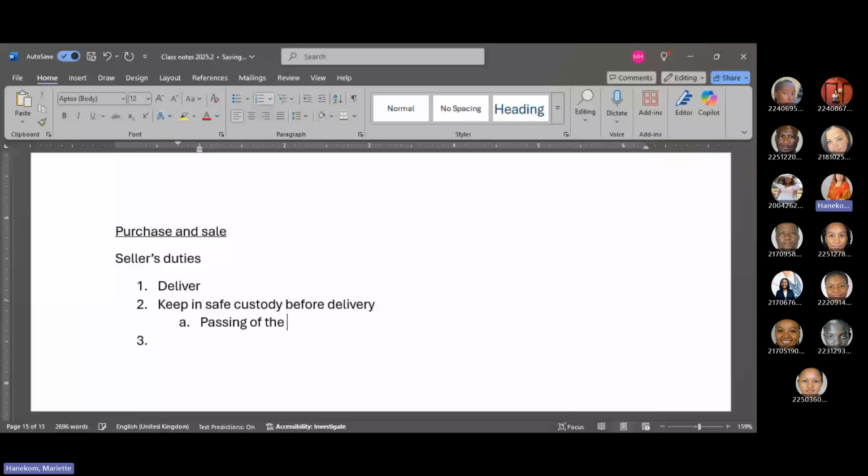When will the risk pass? If the contract is perfecta. When is the contract perfecta? When the thing has been agreed upon, and not just agreed upon, ascertained.